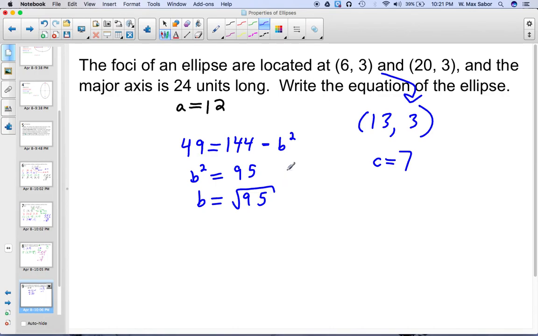So now we should have enough information to write the equation of the ellipse, because we have the center. So we know that it was x minus 13 squared. A was 12, so a squared will be 144.